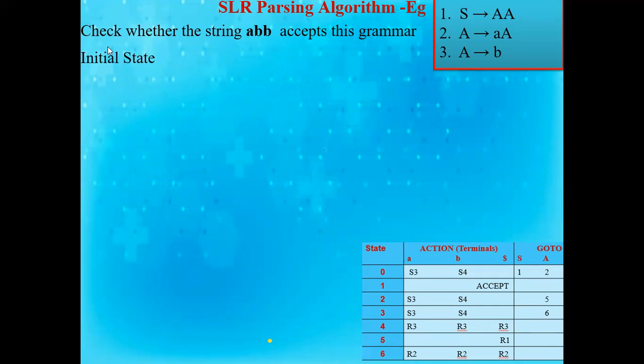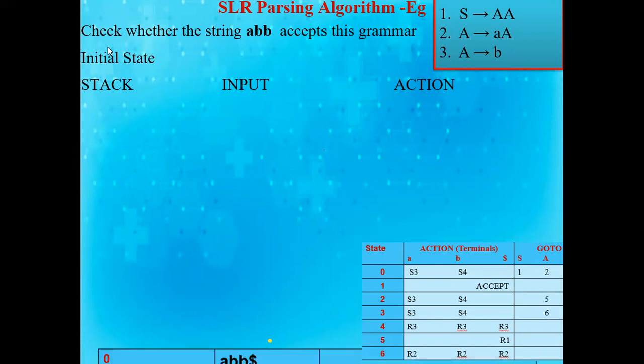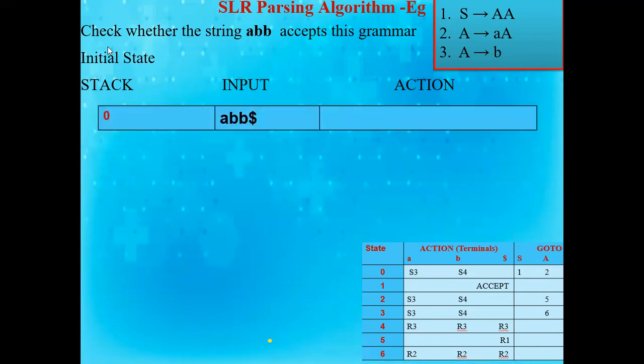Initially the stack has only the initial state number, that is 0, and the input buffer has the string that we need to check, that is ABB followed by a dollar symbol.